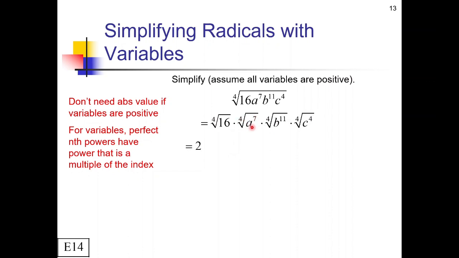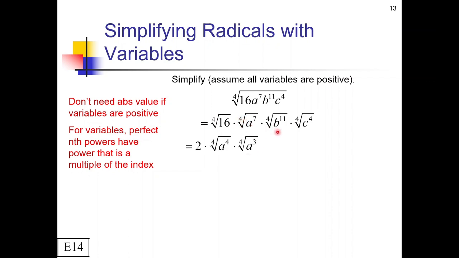For a to the 7th, the biggest perfect power of 4 that's less than a to the 7th is a to the 4th. You just have to pick the biggest multiple of 4 that's less than the exponent. So I'm going to split this into the fourth root of a to the 4th times the fourth root of a to the 3rd.